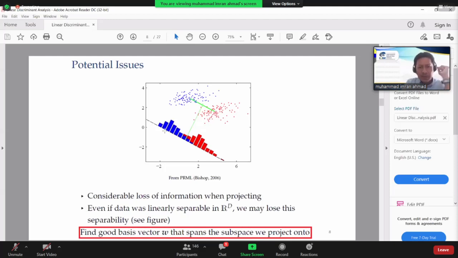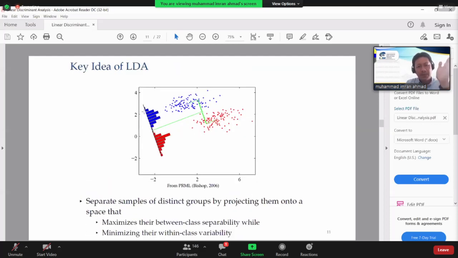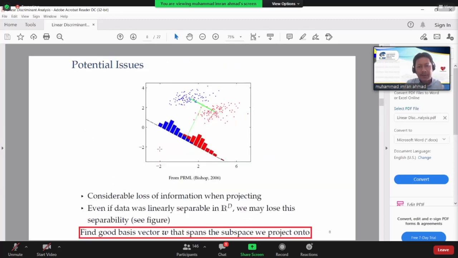If your projection is in this way, you can see this region will be a big problem during the classification process. However, if we tune our direction to this way, we can minimize the overlapping region. That means this basis vector is better compared to the previous one.